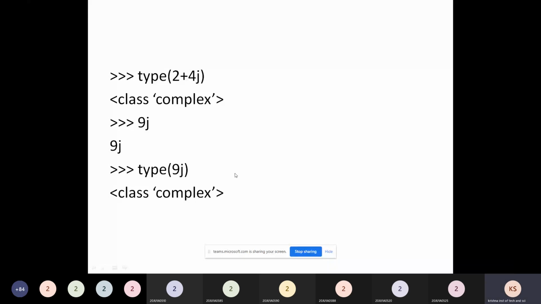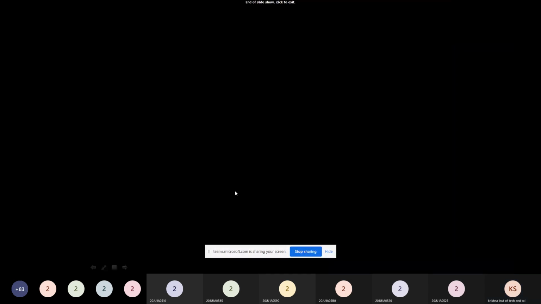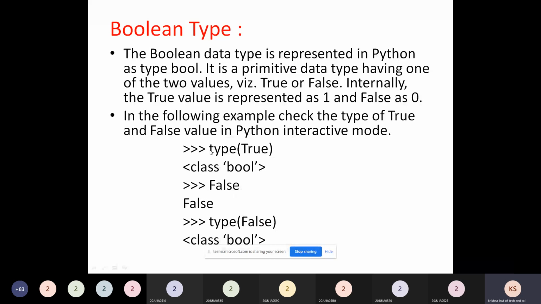And next one, Boolean type. A Boolean data type is represented in Python as the type bool. It has only two values, true or false. If you want to know the type, write type of true, which is a bool type.